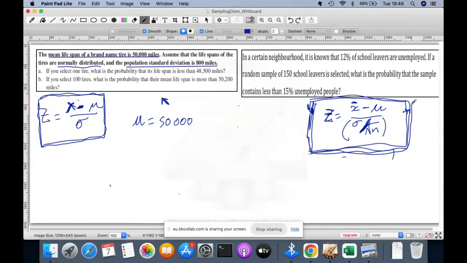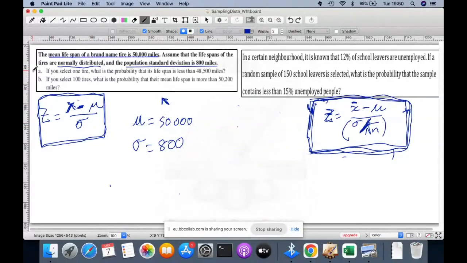It just depends on what they ask. So that's where it's important when they tell you that it's normally distributed. Okay. And then the last part says the population standard deviation is 800 miles. So if you've been working through that practice test I gave you, then you'd be familiar with these symbols for the mean and then for the standard deviation, which is sigma, which is 800. Okay, so that's your standard deviation for the lifespan of the tires, and that's your mean.